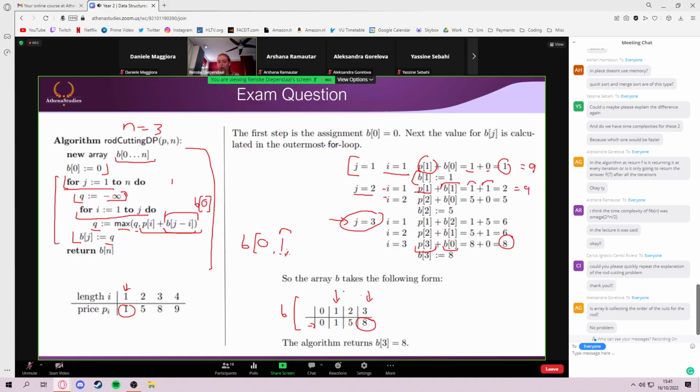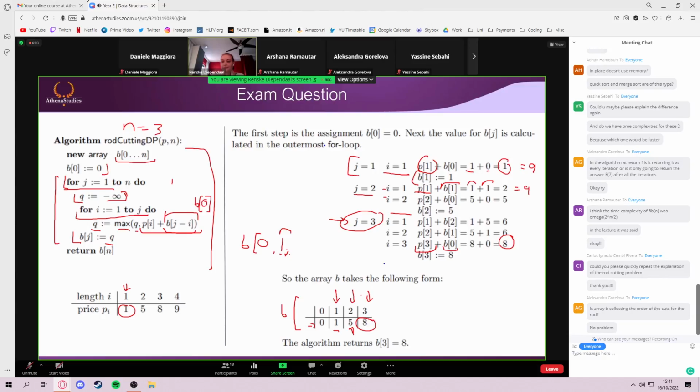Basically, it's saying if you start with a rod of size 1, then your maximum revenue is going to be 1. If you start with a rod of size 2, then your maximum revenue can be 5. And if you start with a rod of size 3, your maximum revenue can be 8. And then you can look in your calculations as to what the best cut is within this rod size, basically.